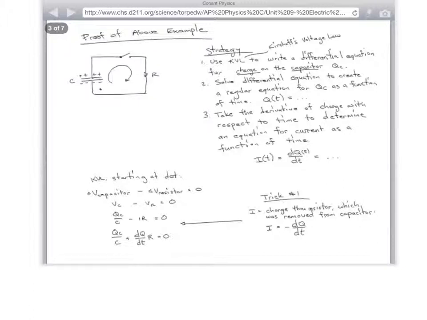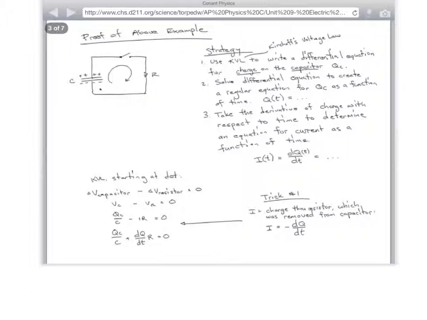Yes. But Justin just made a good point. If this is the direction of positive current flow, what is positive current flow doing to the charge of the capacitor? Decreasing it. So in this case, the current flowing through the capacitor would be equal to the negative dq over dt of the capacitor. Negative because it's decreasing the charge, not increasing the charge.